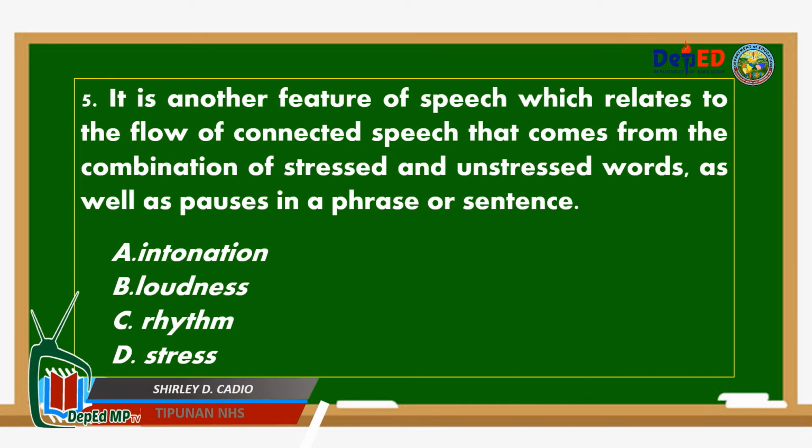It is another feature of speech which relates to the flow of connected speech that comes from the combination of stressed and unstressed words as well as pauses in a phrase or sentence. Letter A. Intonation. B. Loudness. C. Rhythm. Or D. Stress.